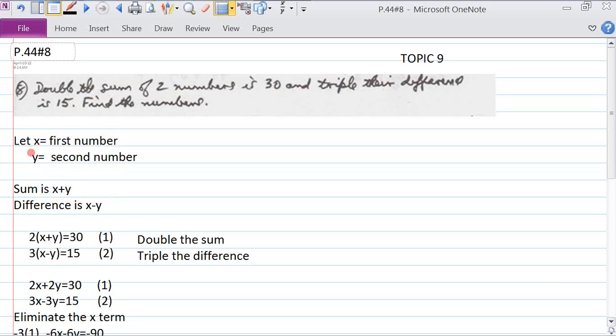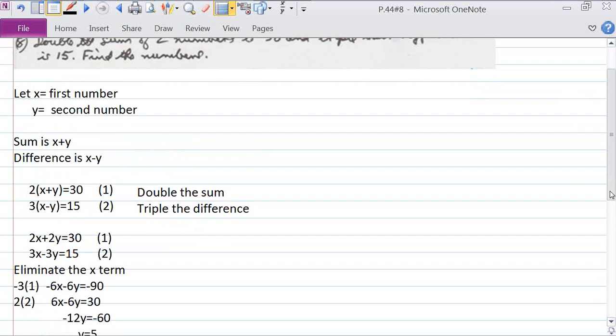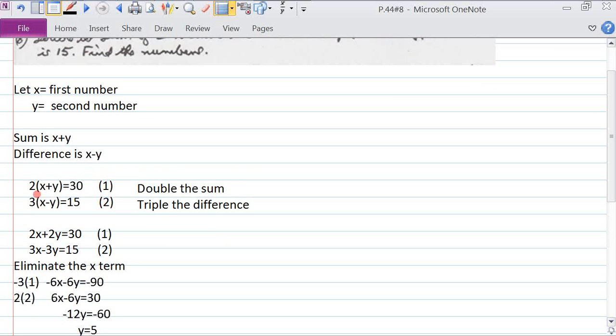Now it doesn't matter which you assign the first or which you assign the second. You could have written this as y plus x and y minus x if you want, but you have to be able to indicate what you're thinking about. This is one of the numbers that you're thinking about, and this is the other. So double the sum means that you're going to take the sum, x plus y, in brackets, and multiply it by 2.